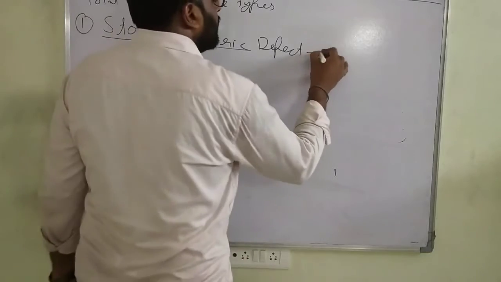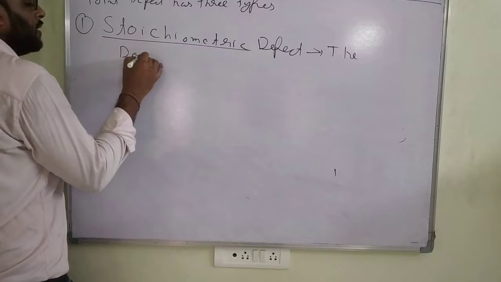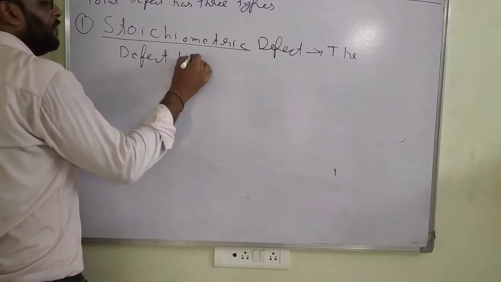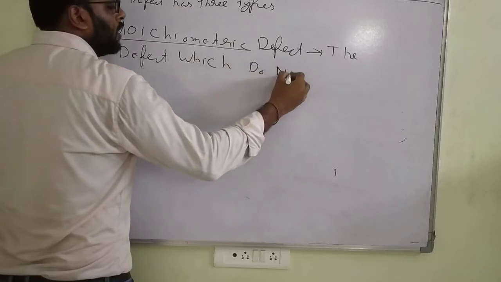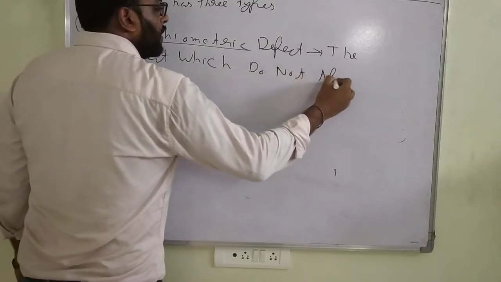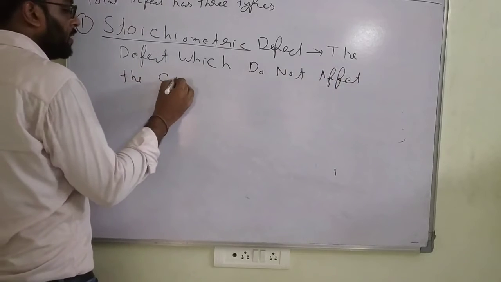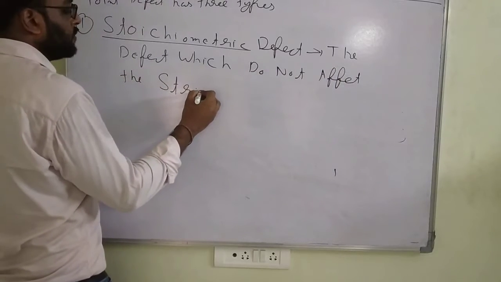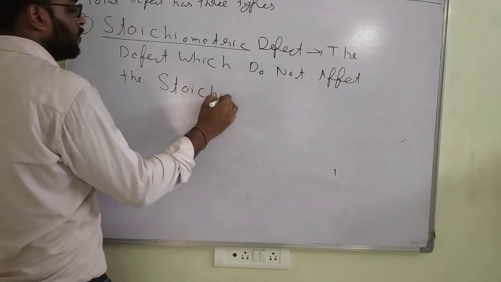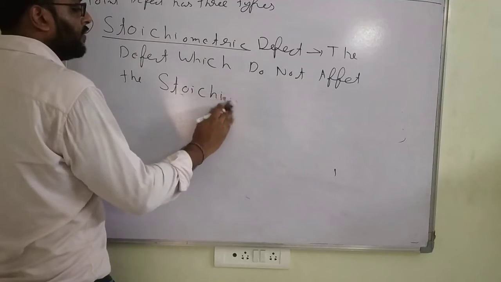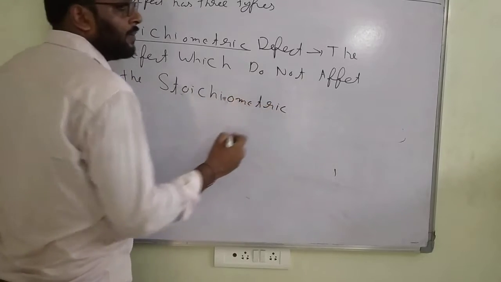The defect which does not affect the stoichiometry. I have already explained what is stoichiometry. Whatever the ratio is available, it should be available in reality.